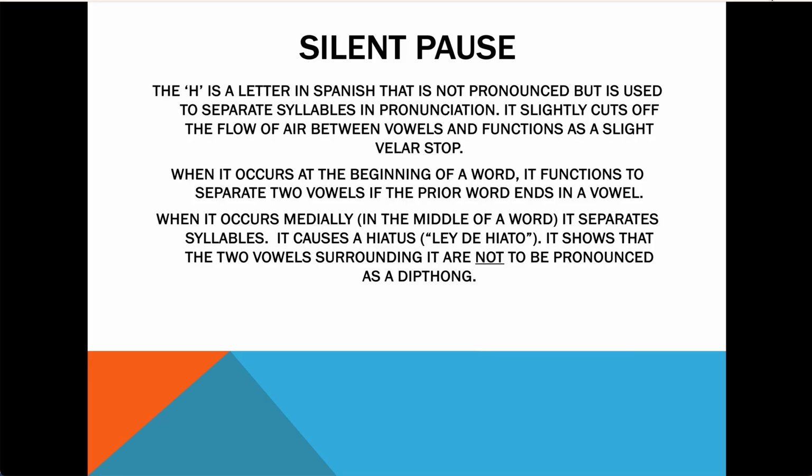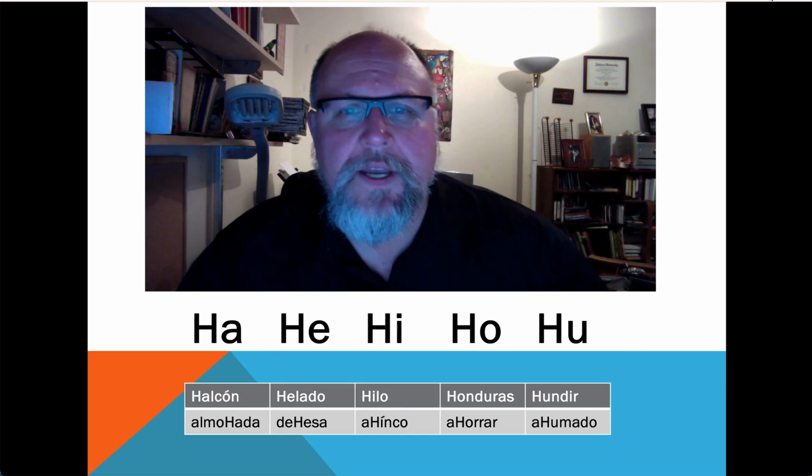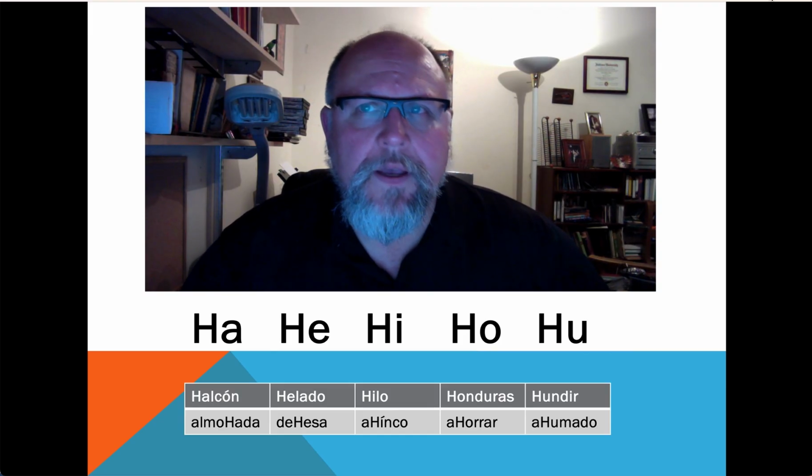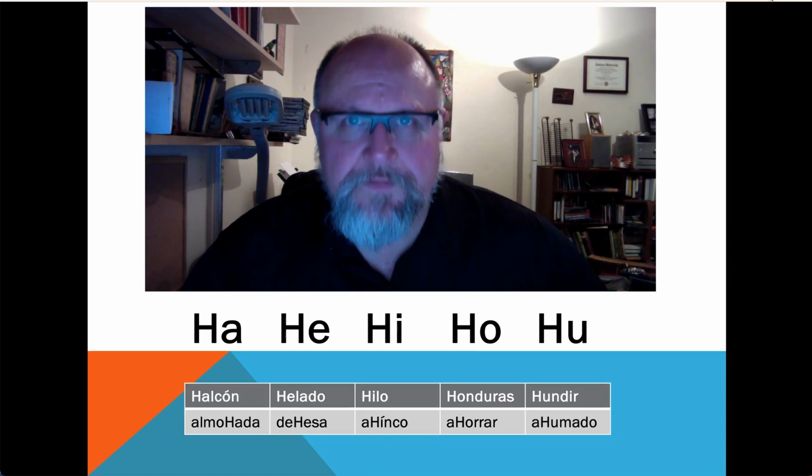It causes a hiatus, or ley de hiato. It shows that the two vowels surrounding it are not to be pronounced as a diphthong. The H in Spanish has no sound at all and is usually used for division between syllables. In that case, you don't pronounce the H ever.